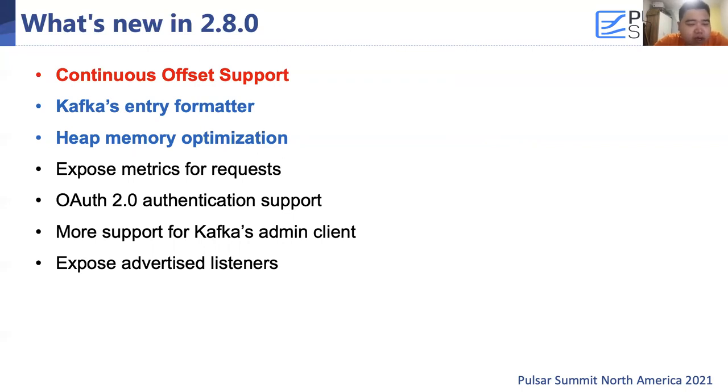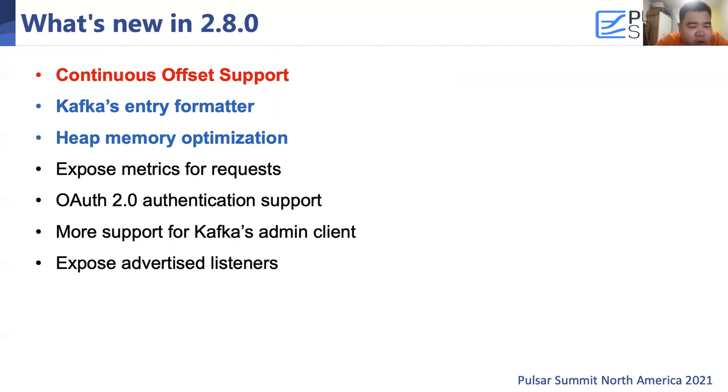Before 2.8.0, it mapped message ID to offset, but that has many problems. My partner will talk about how we implement the continuous offset, so I will skip this chapter. I will talk in detail about Kafka's entry formatter and the heap memory optimization, which are related to performance improvement.